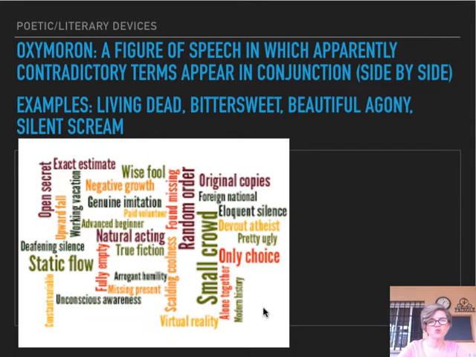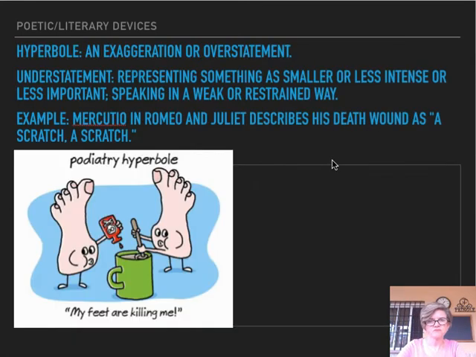But the idea is when you put two words that have opposite meaning next to each other, the meaning that you can create, especially things like beautiful agony within poetry, it really creates strong, powerful, even moving meaning from the poet.